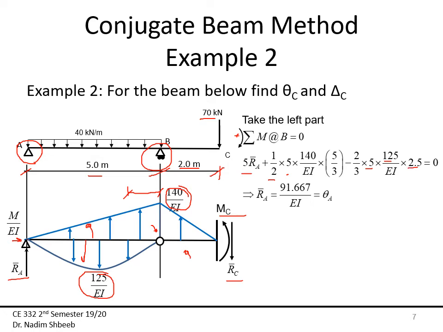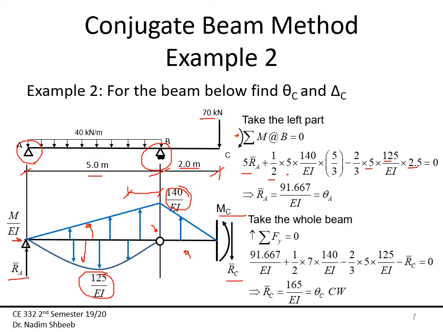Then my RA, which is theta A, is equal to 91.667 over EI, and we got the same result as before. Now I'm going to take the whole beam and take the summation of Fy equal to 0. By doing so, I can find RC directly.